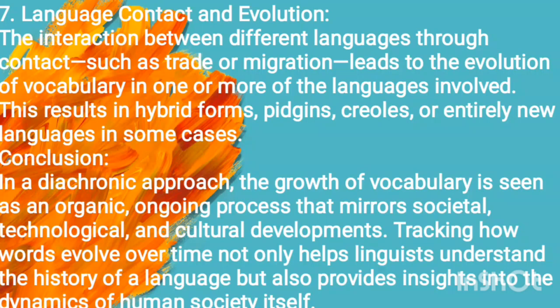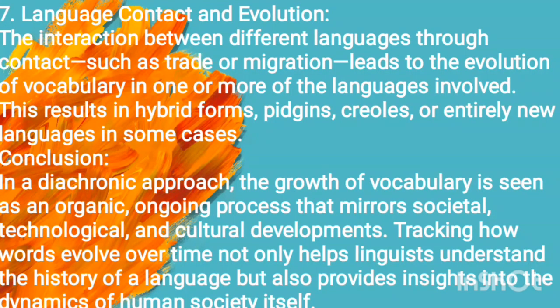Examples are Spanglish. In conclusion, the growth of vocabulary is a continuous process that reflects changes in society, culture, technology and human interaction. So language borrows words from other languages. Next one, new words are created through compounding, blending, acronyms, etc. Then words change meanings over time. Technology and science introduce new terms.